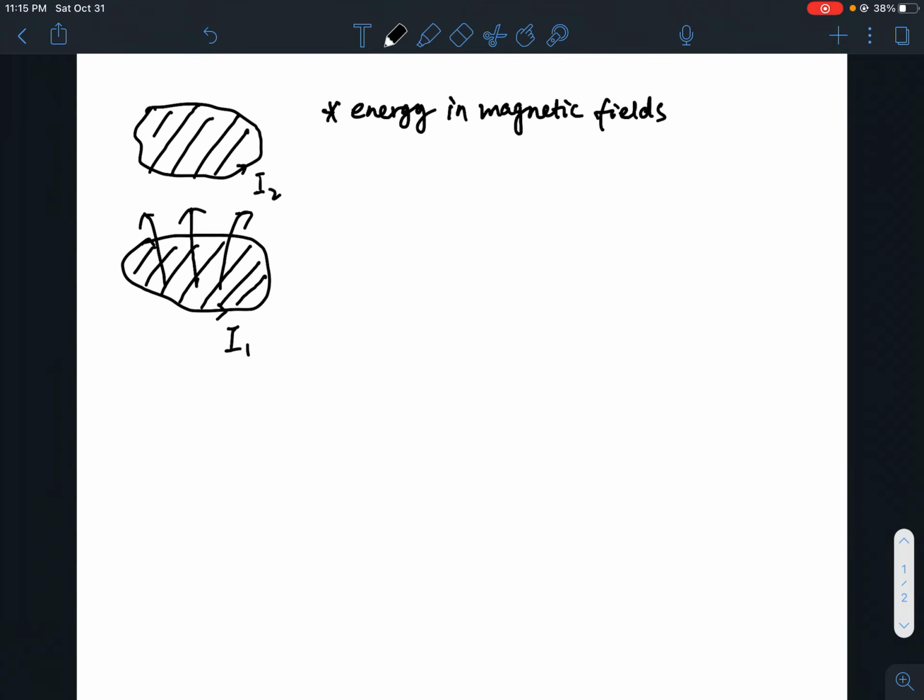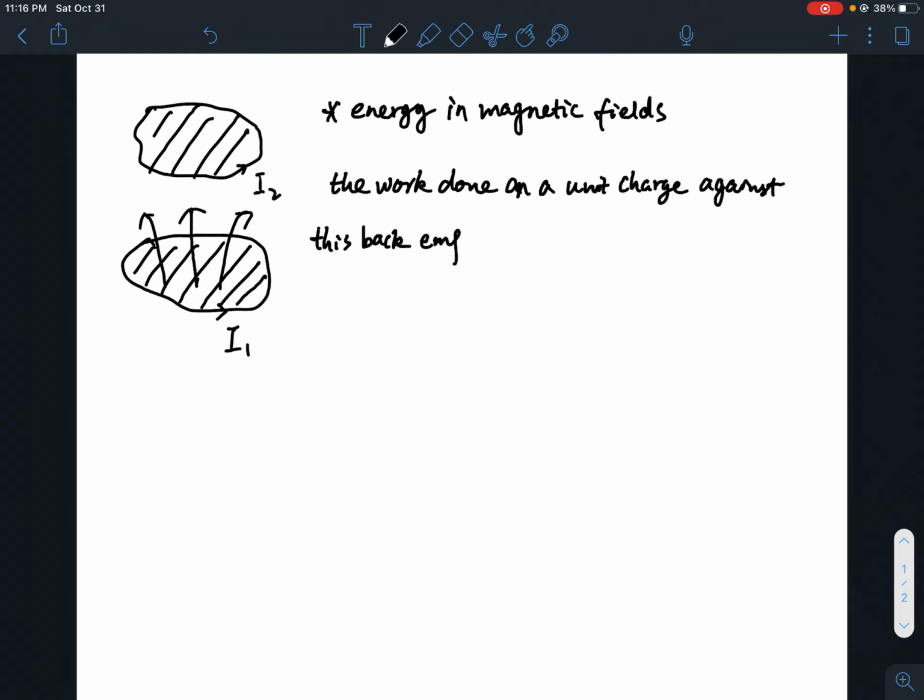So then we can calculate the energy in magnetic fields. The way to do that is we can first think about the work done on a unit charge against this back EMF that I discussed earlier.